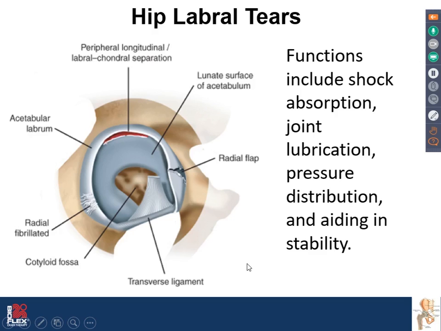So there are different types of labral tears, and it's important to understand what's going on there in order to have a better idea of a prognosis. Radial flap tears have not that great a prognosis without surgery, and oftentimes the peripheral longitudinal as well, if it's quite involved, might also require some stitching and surgery.